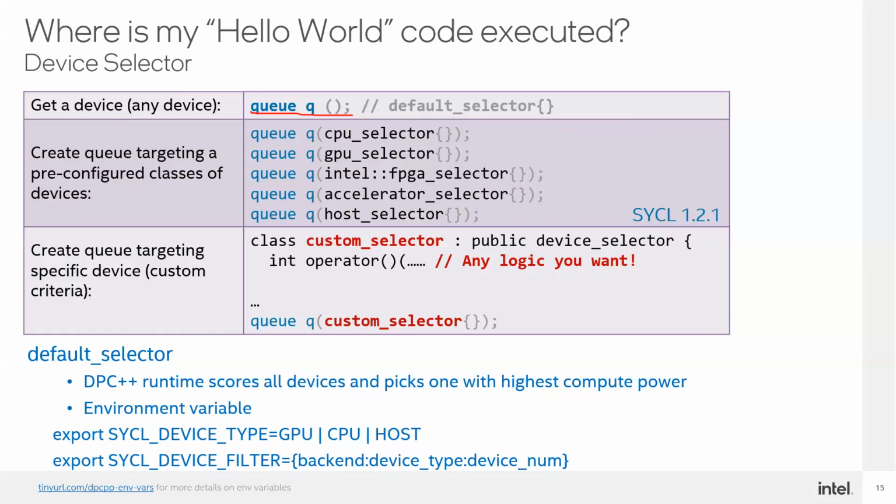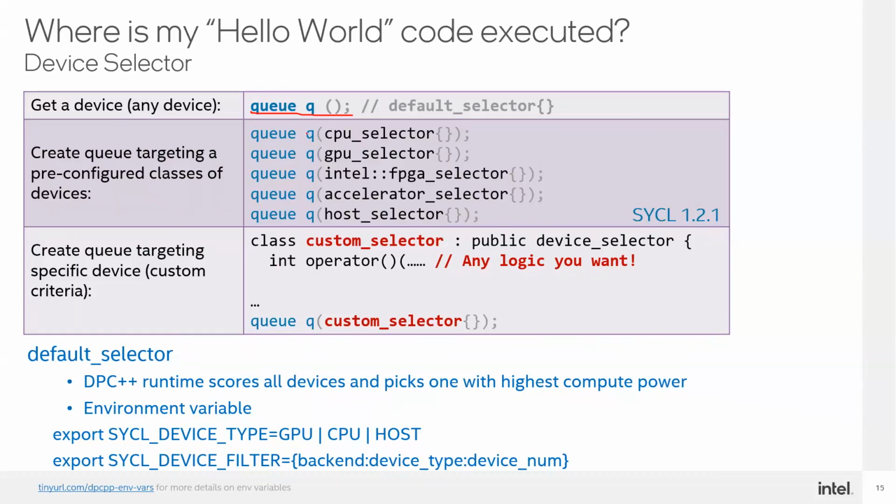So any abstraction always brings some kind of layered pie in the software stack implementation. And all these APIs will map under the hood to something lower level, for example, to OpenCL APIs with the OpenCL backend. You have a way to control which device to pick up in two ways.